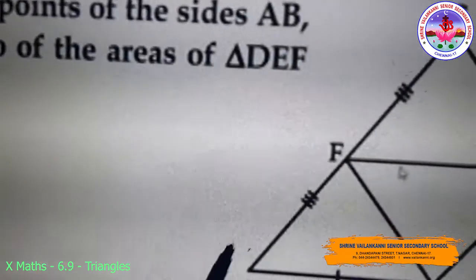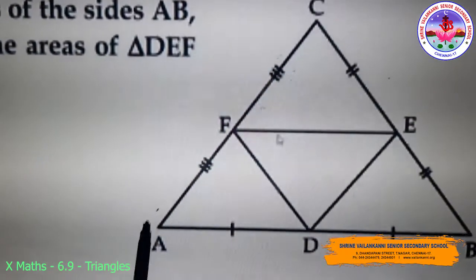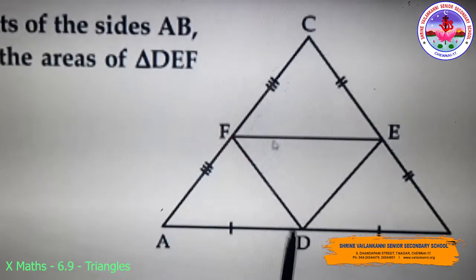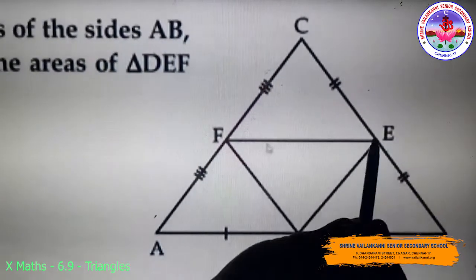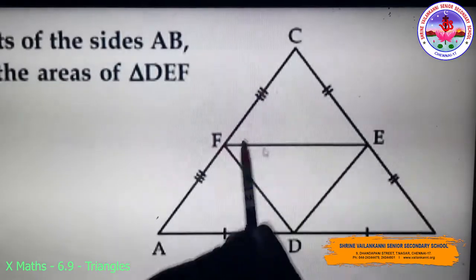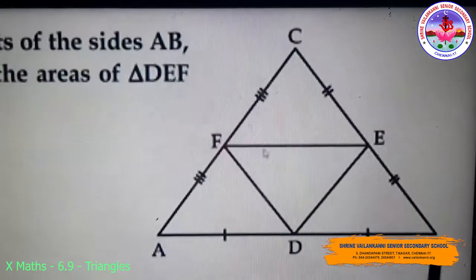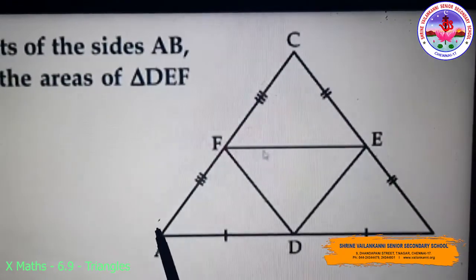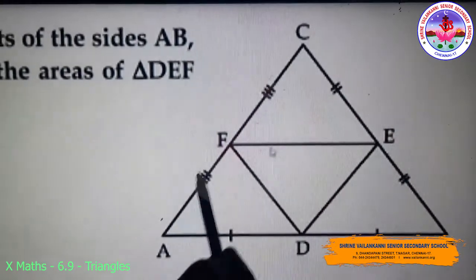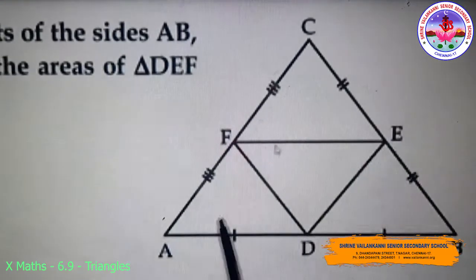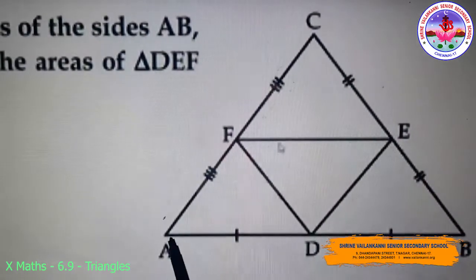So we have to draw the triangle ABC and a triangle DEF, where the points D, E, F are the midpoints of the sides AB, BC and CA. We want to find the ratio of the areas of triangle DEF and triangle ABC.